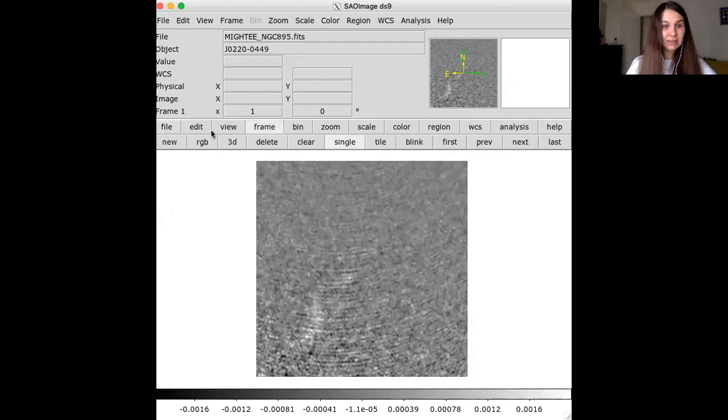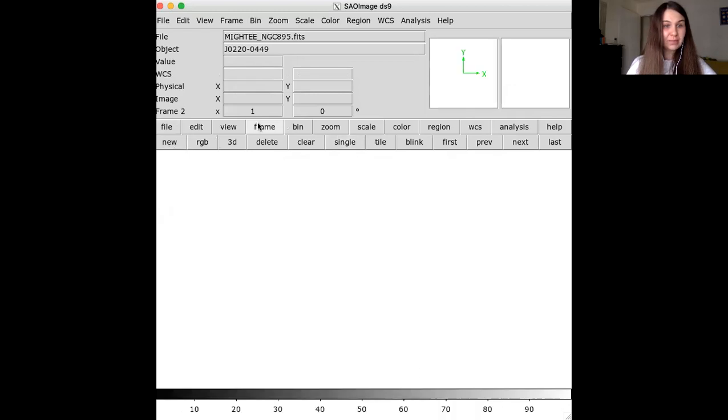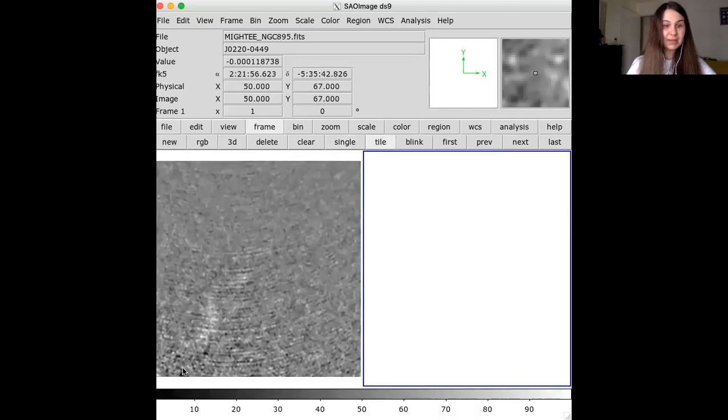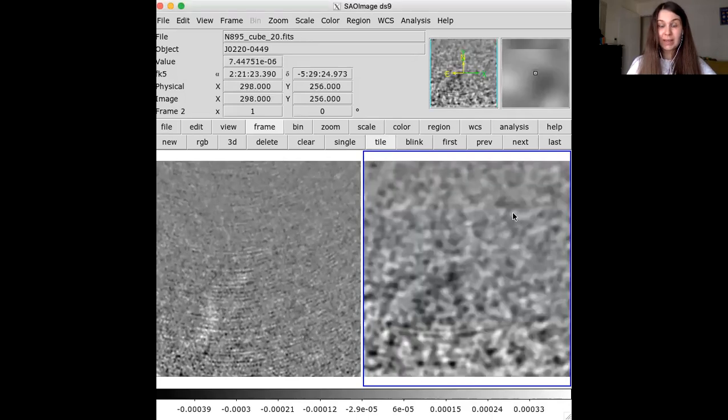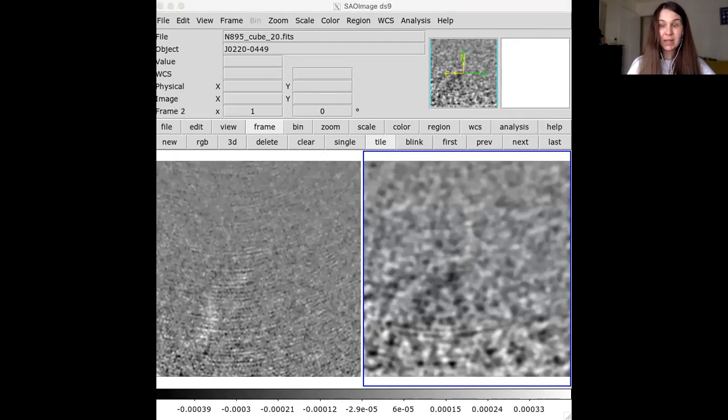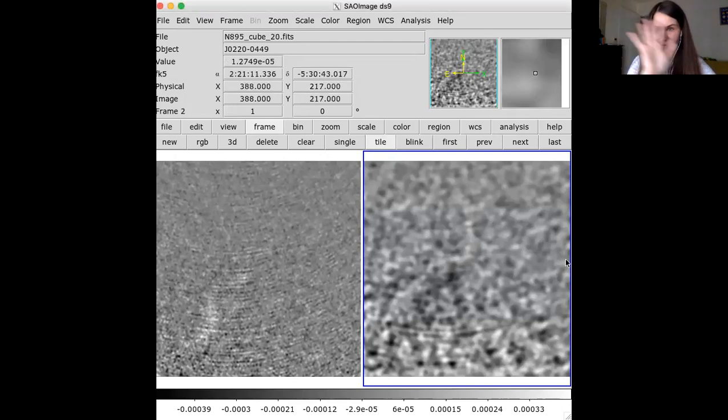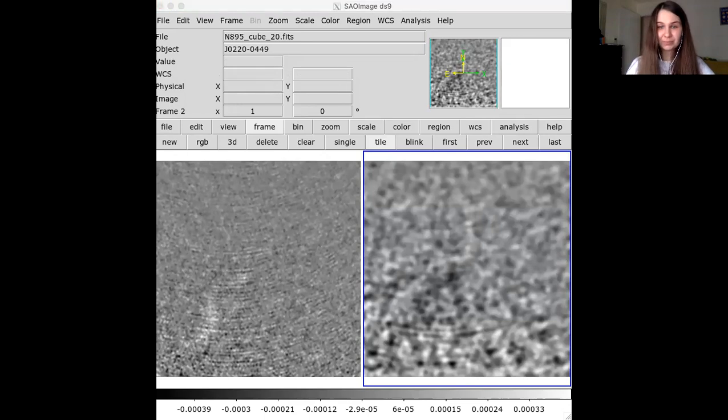Here I can ask for a new frame. I will keep the original resolution cube, and I will open the new smooth cube. And you see immediately the difference. The structure of the noise popped up here, and everything is more blurry.